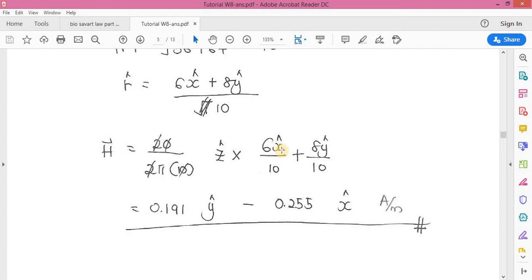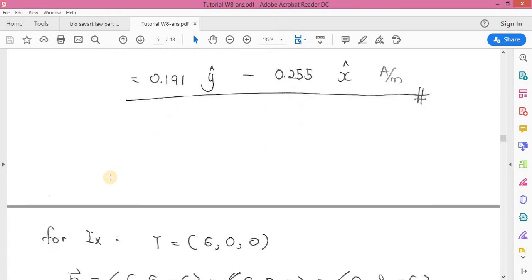So z cross x you will get positive y, and z cross y you get negative x. You can calculate the value by using the calculator. So this is the magnetic field due to the current filament along the Z-axis.